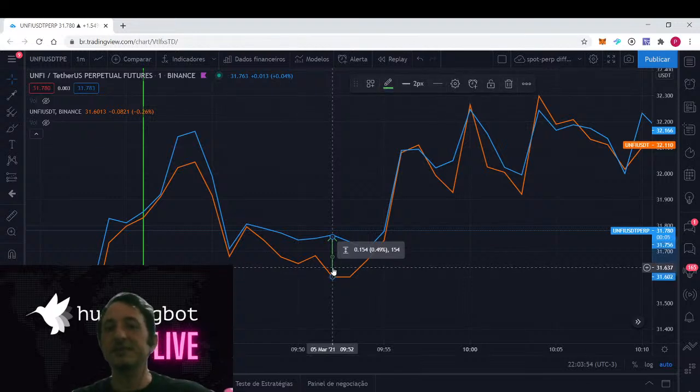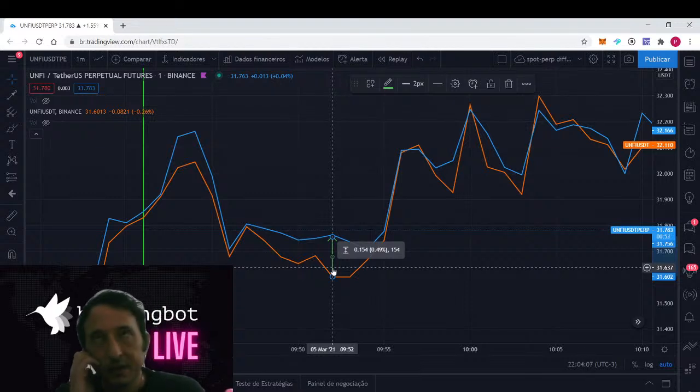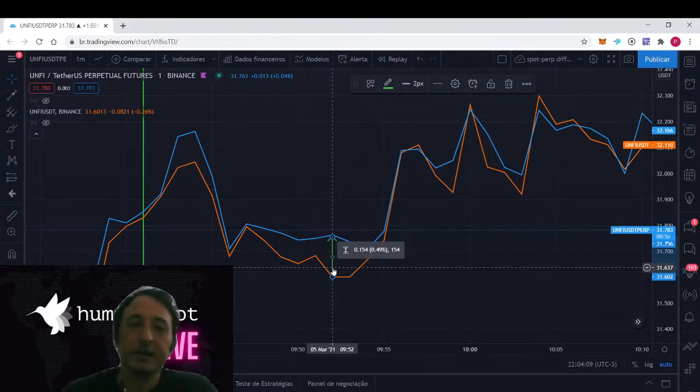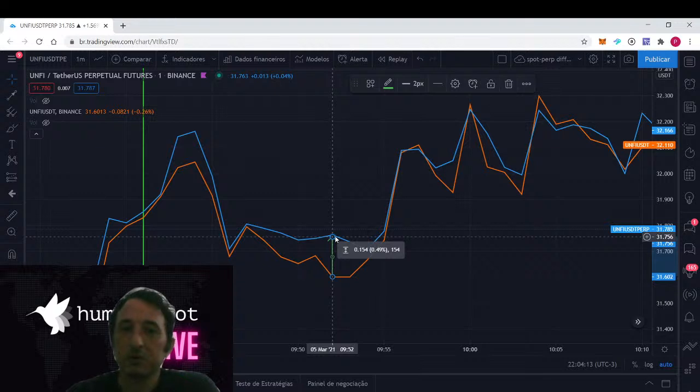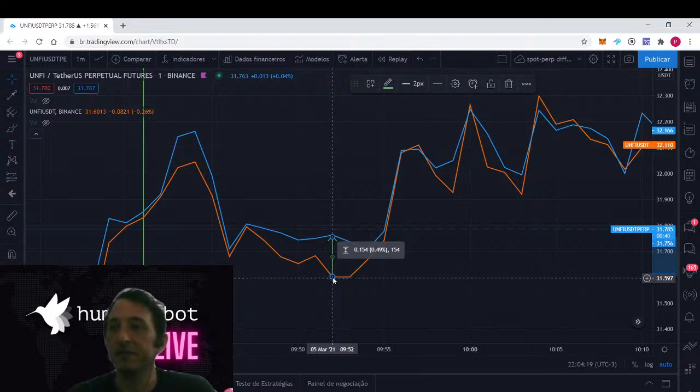So as you can see, there is approximately a 0.5% difference between them. What usually would happen with the strategy working is that the bot would create a sell order on the perpetual market, and at the same time buy on the spot market, same equivalent size.